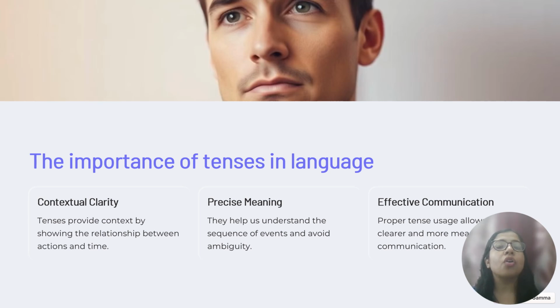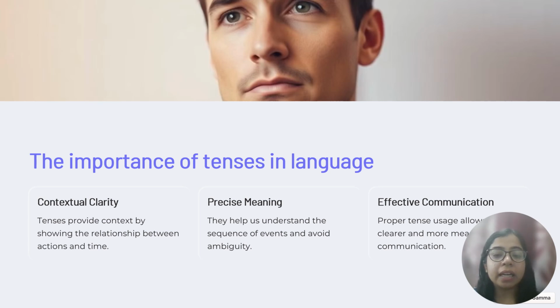Even if they are not happening sequence-wise, the movie tells us, it is written on screen, 5 years ago, 5 years ahead. They are trying to help us with the clarity of the tense, and to give us the precise meaning. So the sequence of the tenses should be very correct to avoid ambiguity. What is ambiguity? Simply confusion. So to avoid confusion, the sequence should be proper.